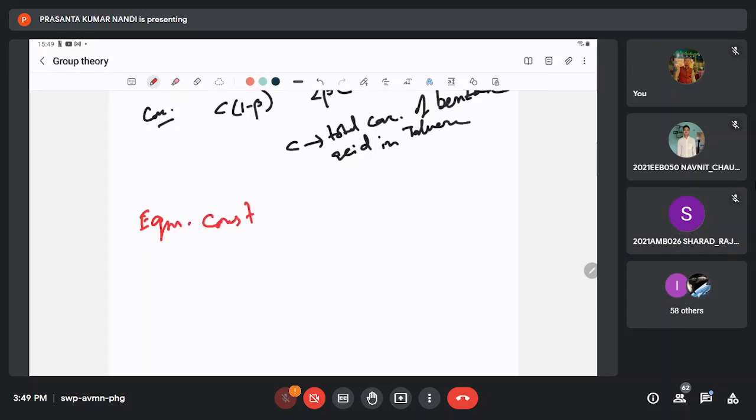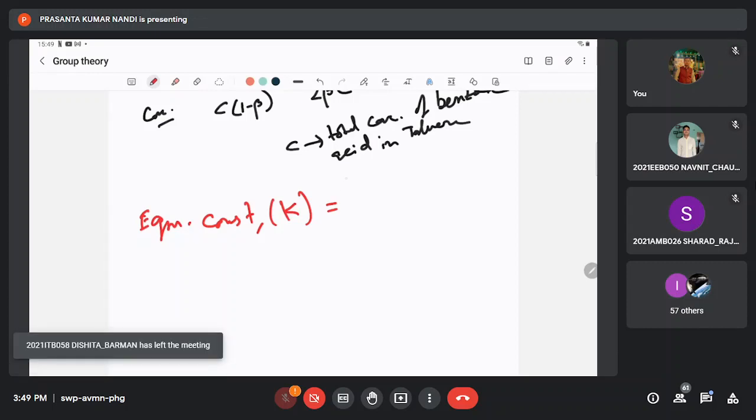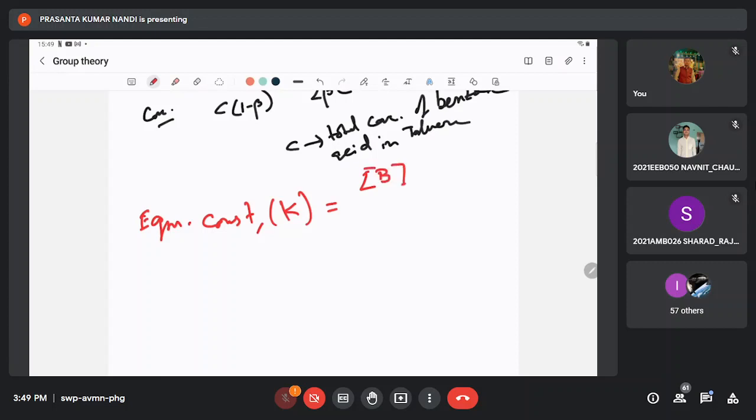Equilibrium constant. Now what is the equilibrium constant? That I am writing simply as K, capital K. How can you write it? Is it clear to you? That is the concentration of B at equilibrium.